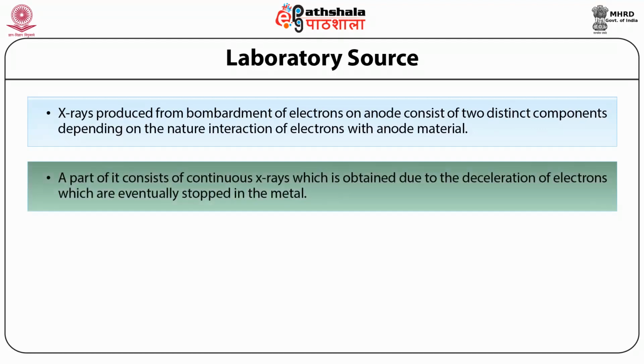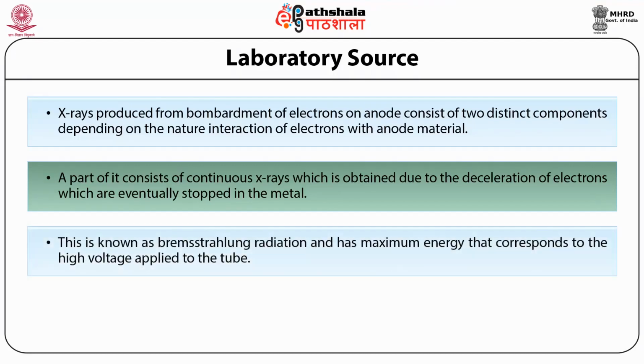A part of it consists of continuous X-rays, which is obtained due to the deceleration of electrons, which are eventually stopped in the metal. This is known as Bremsstrahlung radiation and has a maximum energy that corresponds to the high voltage applied to the tube.